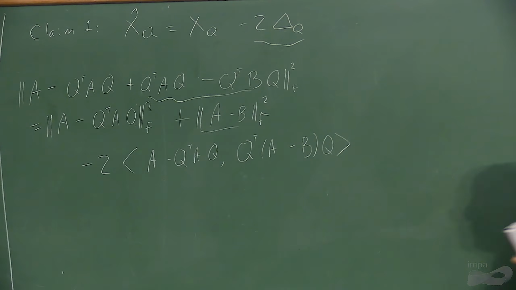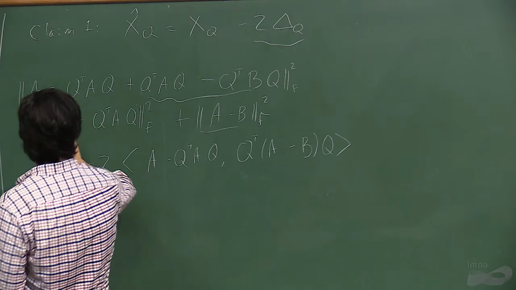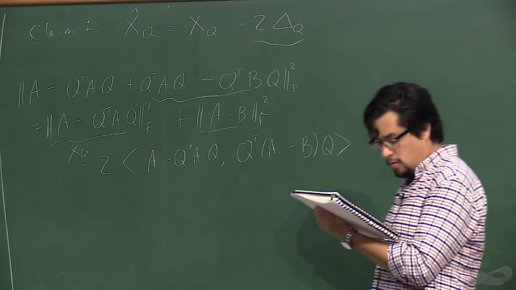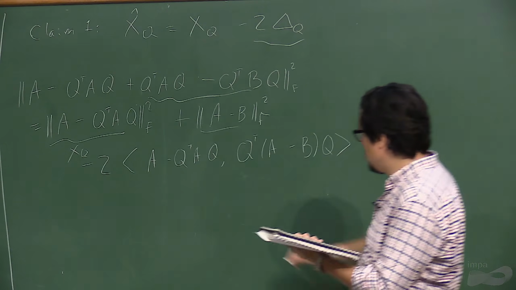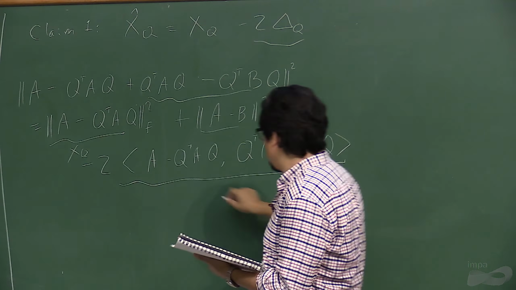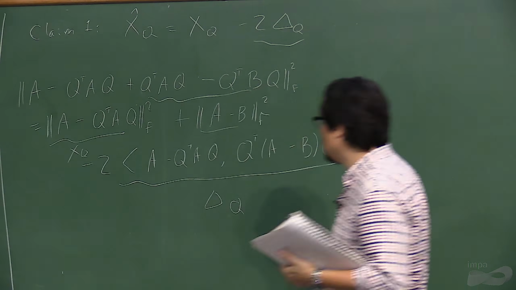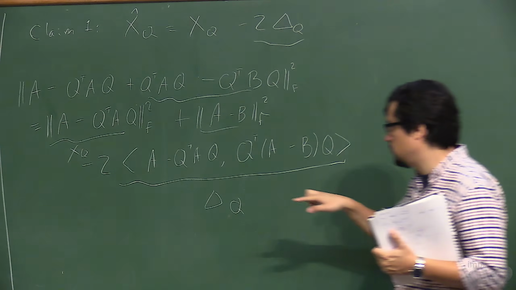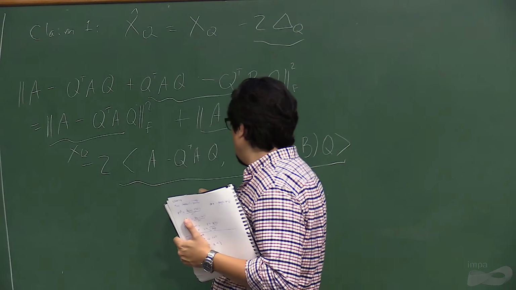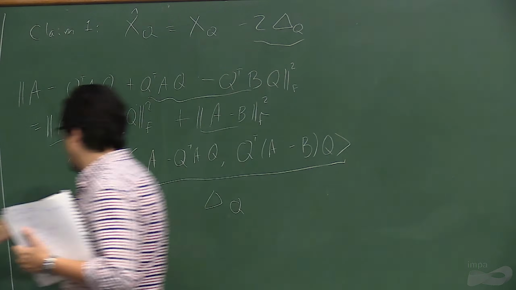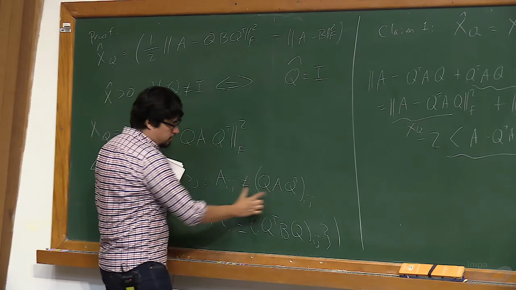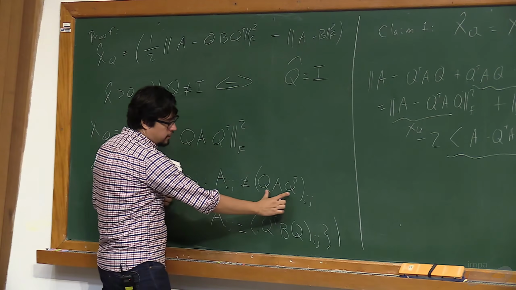And here, this part is XQ. So the only thing that remains to check is that this part here is actually equal to delta Q. But by looking at the definition, this is not hard to see because on this first part of the definition, we're counting the places in which Aij is different from AQ transpose.